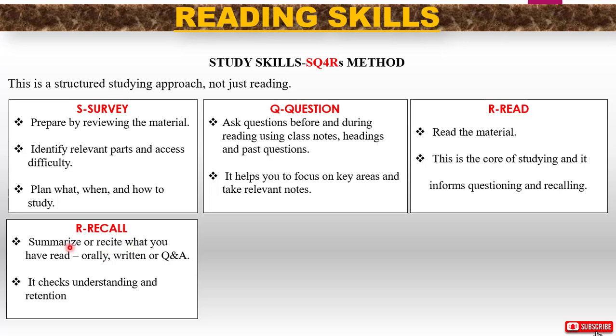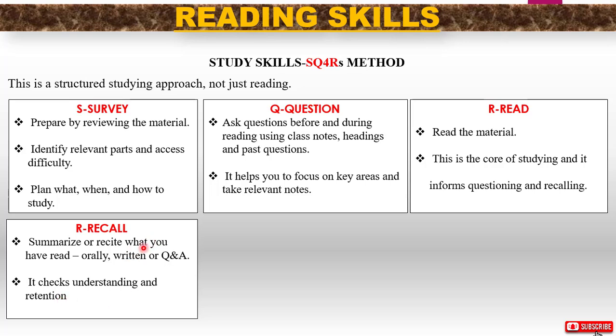You can do the summary orally. So after reading, take time and orally summarize what you have read. Or you can take a sheet of paper and write what you have read in a form of a summary. Or you can ask yourself questions and then answer them. If you do that, then you are recalling. It will help you to check understanding and then retention of the information.